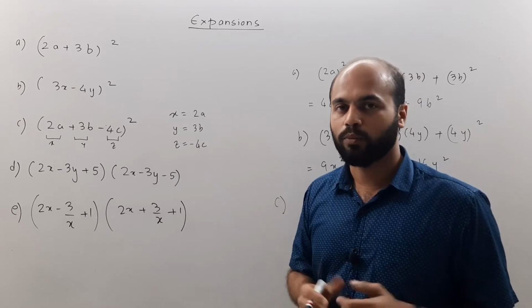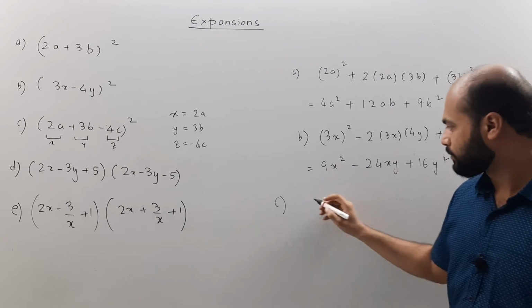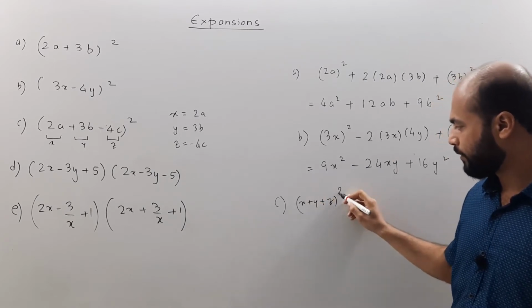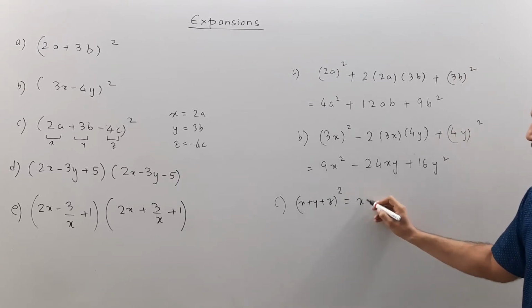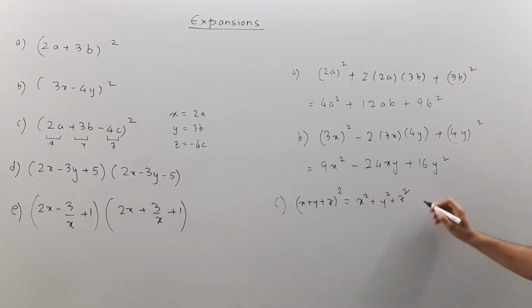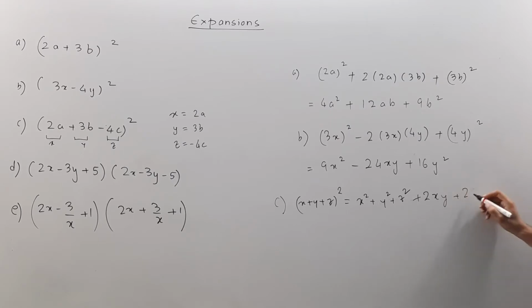So this is how we go about it. Let's see how to do it. So if I were to expand this (x plus y plus z) the whole square, then its expansion would be x square plus y square plus z square plus 2xy plus 2yz plus 2zx.